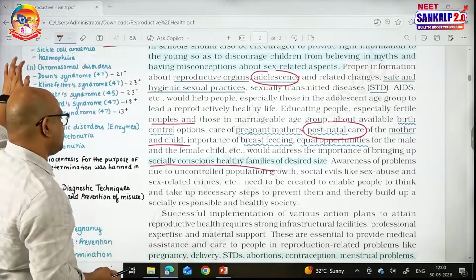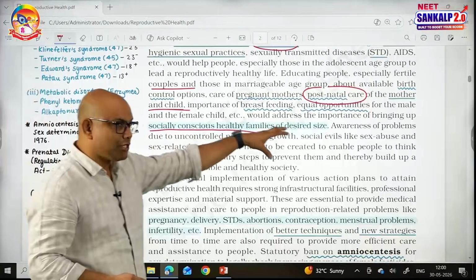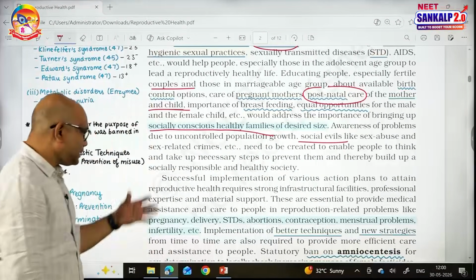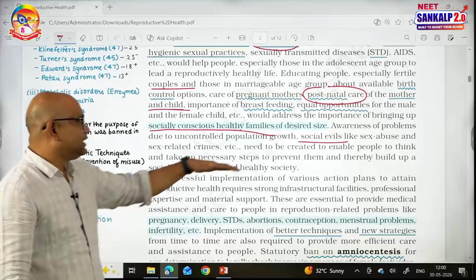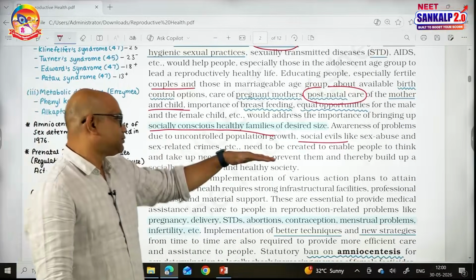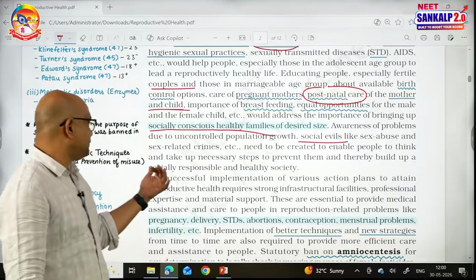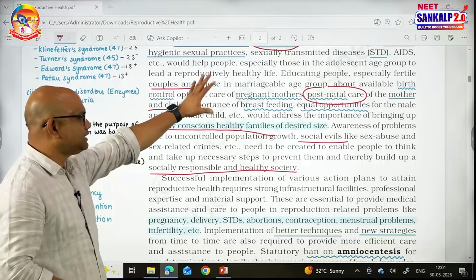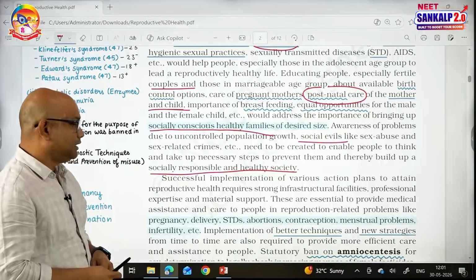Awareness of problems due to uncontrolled population growth, social evils like sex abuse, sex related crimes need to be created to enable people to think and take up necessary steps to prevent them and thereby build up a socially responsible and healthy society. So this is the factual information regarding this.